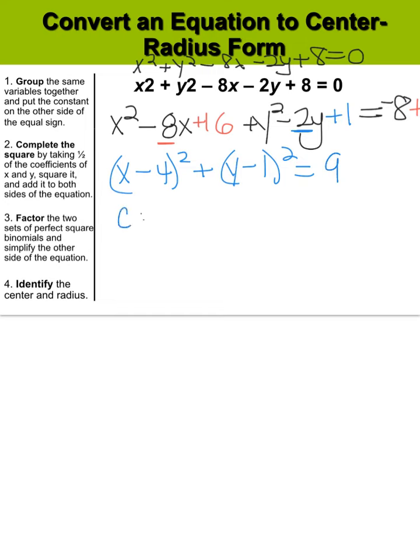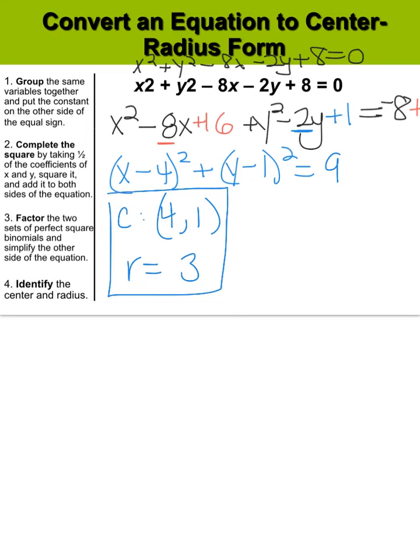So the center is (4, 1) and the radius is equal to 3. Here's my equation in center-radius form, and here are the values that we're looking for, center and radius.